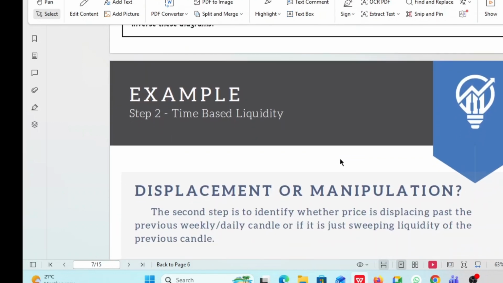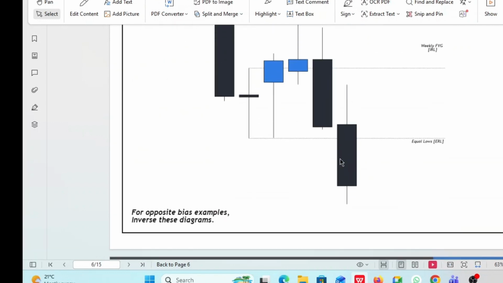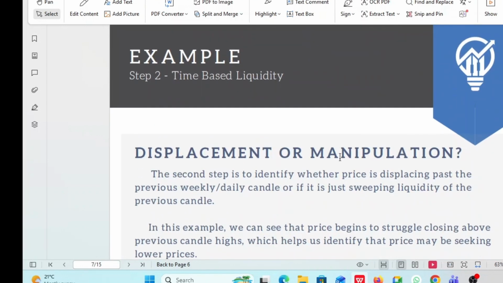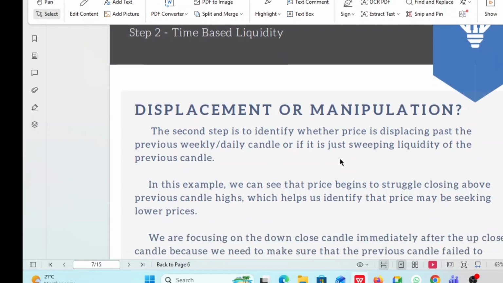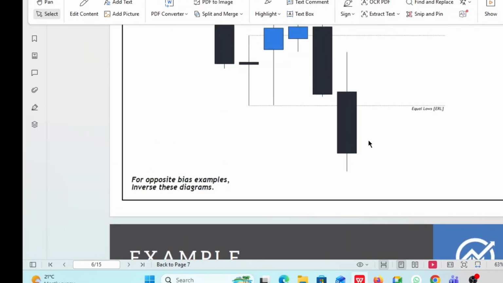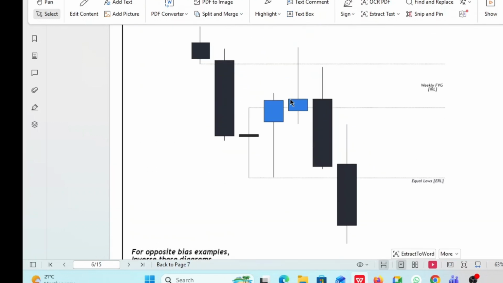Another one is the displacement or manipulation. The second step is to identify whether the price is... okay, before I go for the second step. So when this one taps our internal range liquidity, we're supposed to look for the distribution or the displacement.